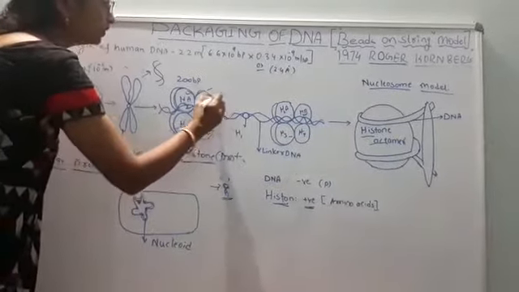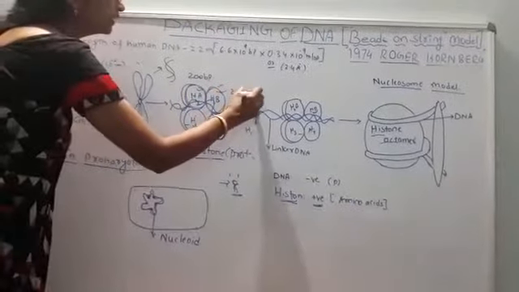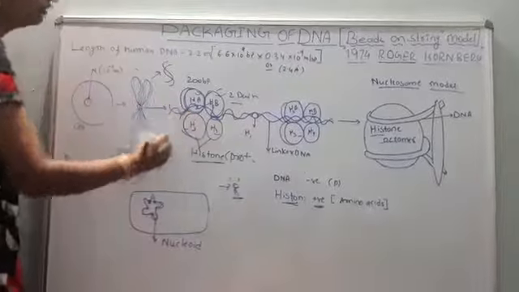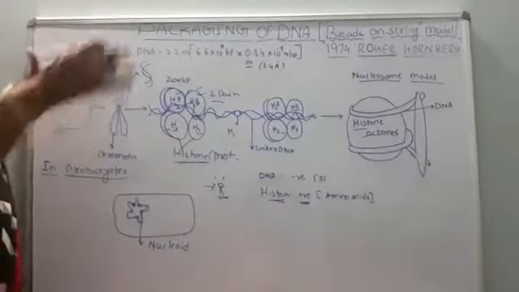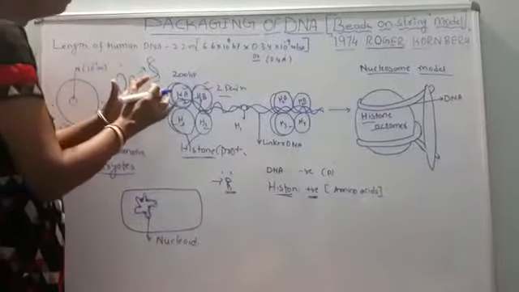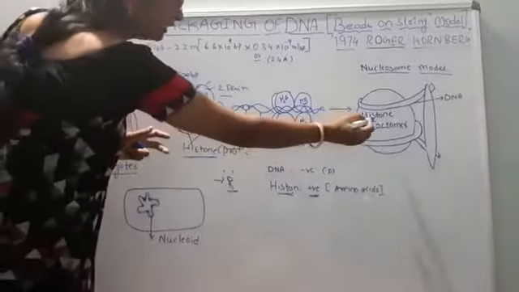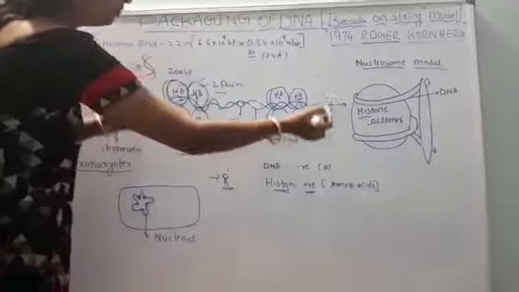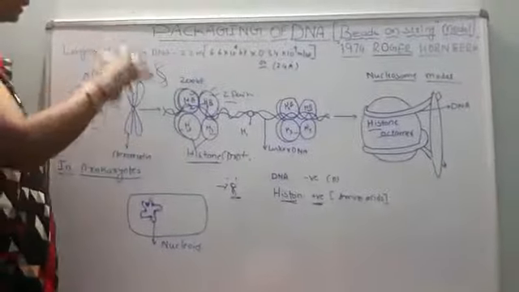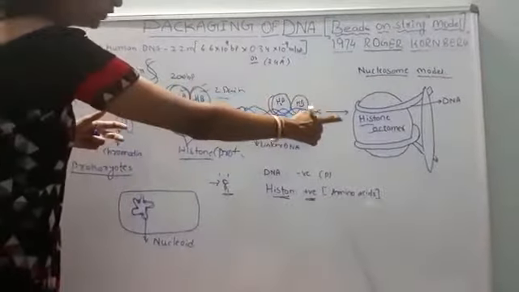That means 2 pairs. Each nucleosome is composed of 2 pairs of 4 different types of histones, which are highly held with each other, and they form a basic structure known as the histone octamer. Octamer means 8 molecules of histones, organized to give rise to the nucleosome.